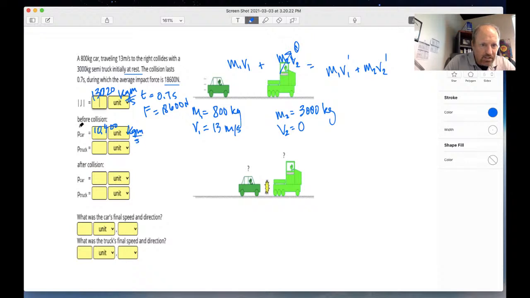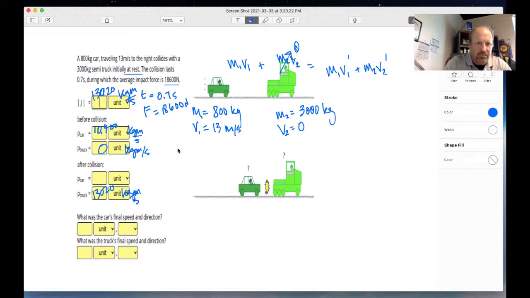And before the collision, the truck had 0 kilogram meters per second. Okay, after the collision, the car either lost or gained. So if the truck had none, now the truck is going to gain 13,020. So the truck after the collision is 13,020 kilogram meters per second. Then that means the car is going to lose 13,020.